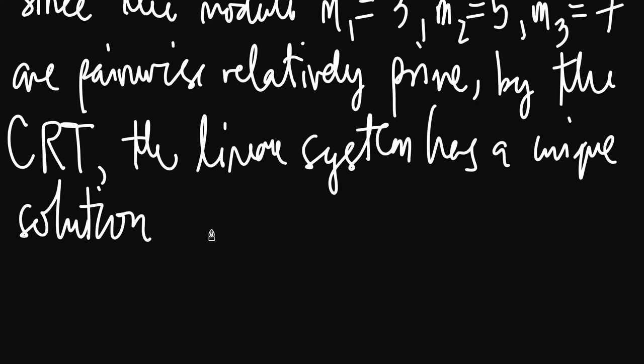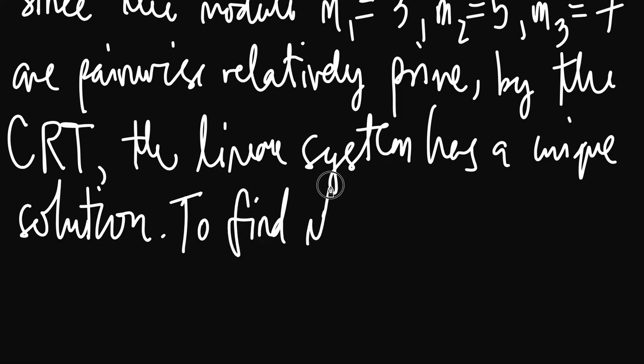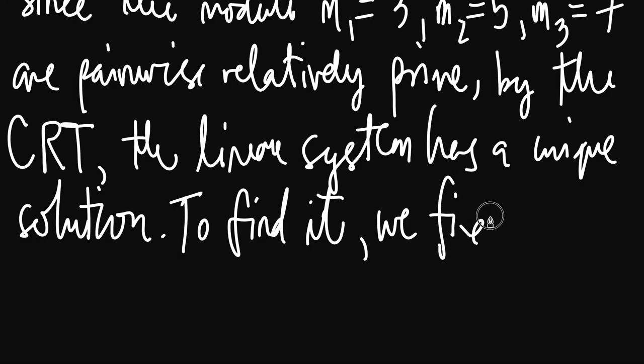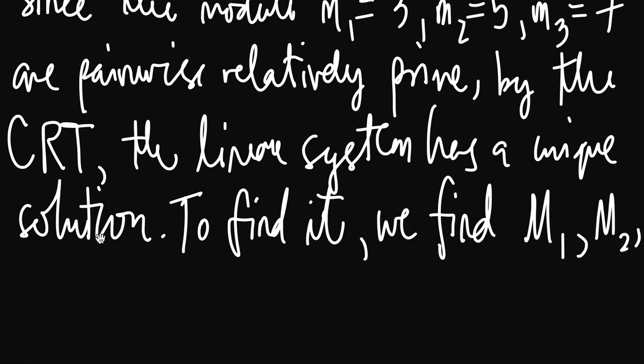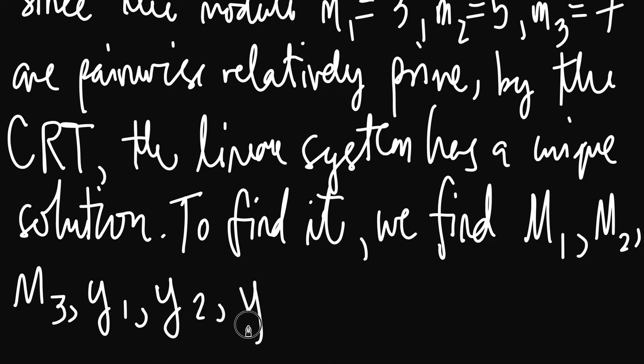Now to find such a unique solution, we need to find the following: big M sub 1, big M sub 2, big M sub 3, Y sub 1, Y sub 2, and Y sub 3.